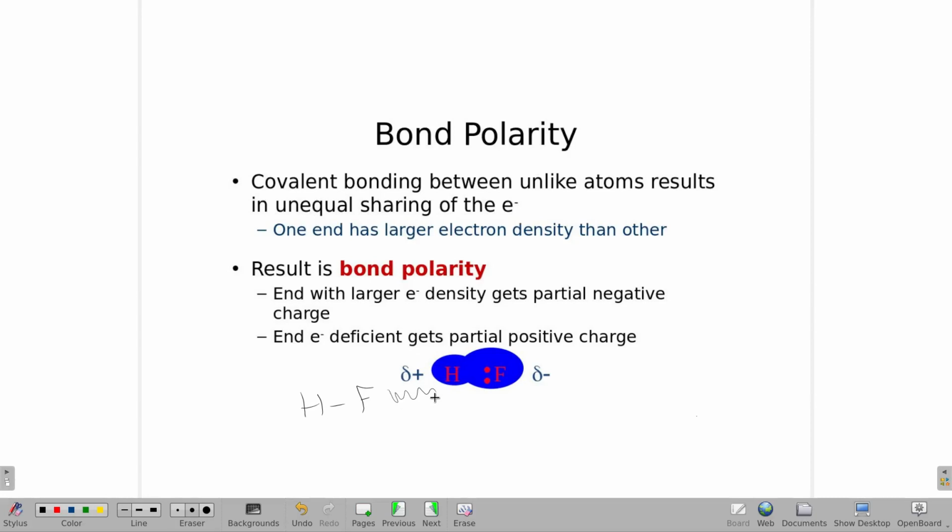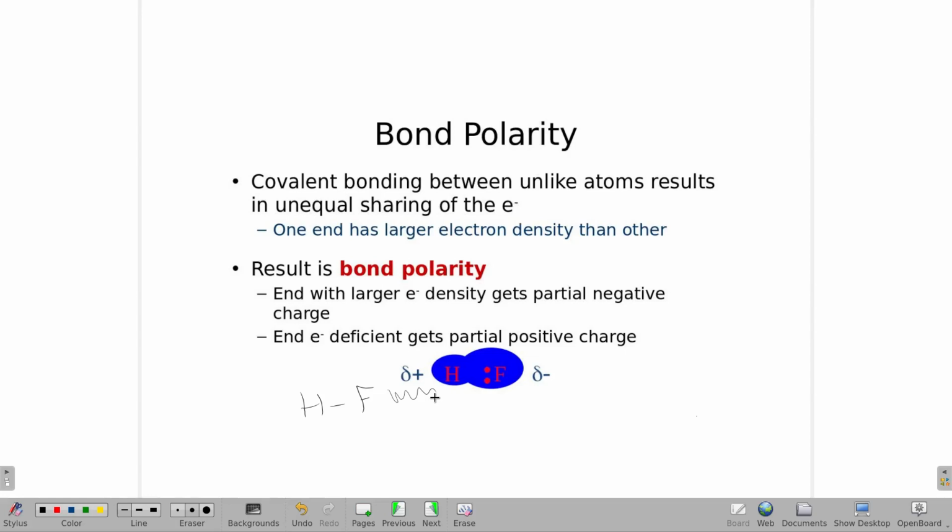These polar bonds create polar molecules, and polar molecules have stronger attractions to one another. Water, for instance, is a very polar molecule, which is why it has such high boiling and melting points compared to other compounds its same size.